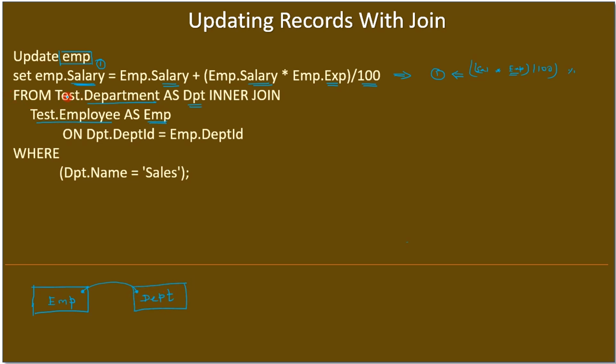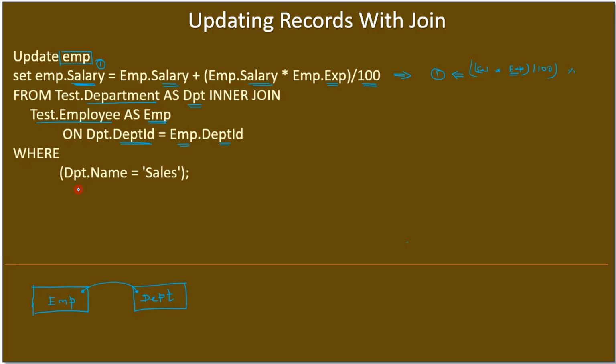So from test.department as dept, inner join test.employee as emp, the join is based on the department id: dept is department, then emp is employee.department id. So that's how we are joining.